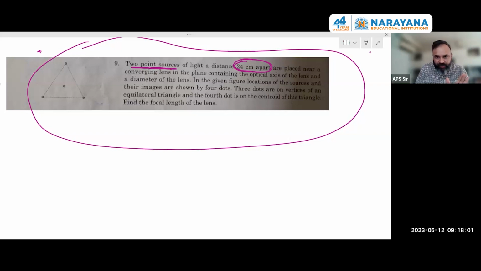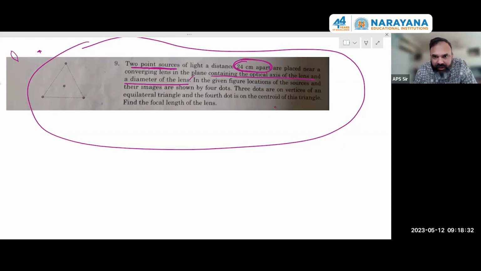If I simply put this, what he is trying to say is: treat this plane of the page like the horizontal plane, and your lens is kept horizontally. So the diameter and the optical axis are lying in this plane. So you can perceive the complete system to be drawn from the top, and your lens is kept in that plane. So the orientation of the lens is in the plane. So that is given.